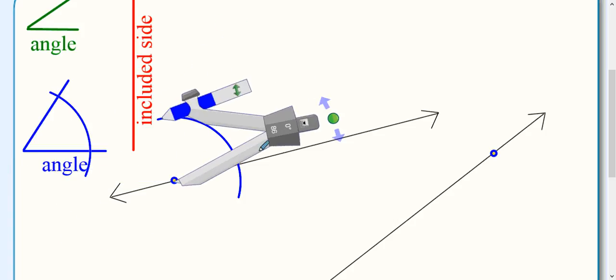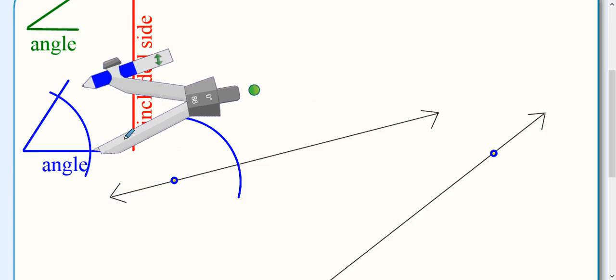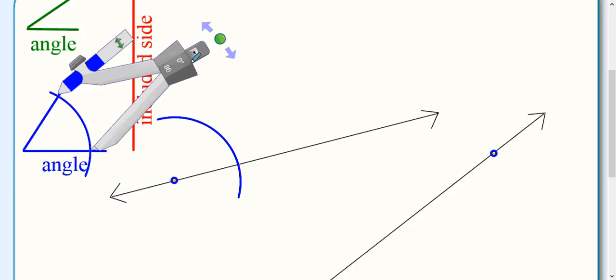So then we're going to measure the opening of that angle from one intersection to the other and duplicate it on our copy.